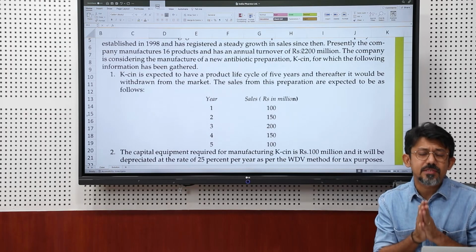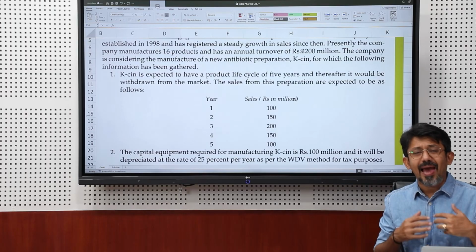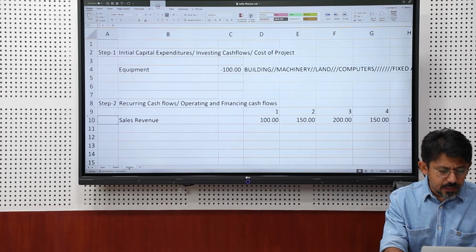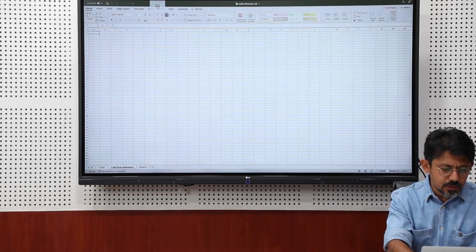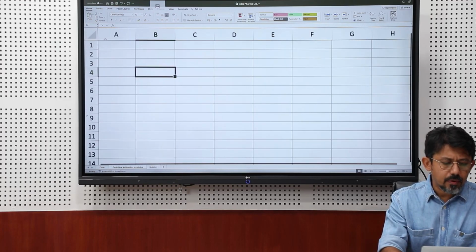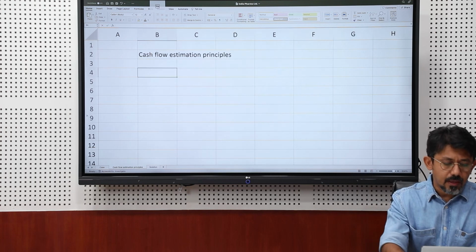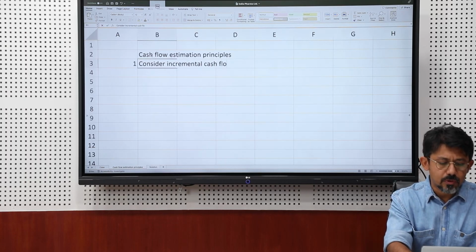So, let us understand a simple principle when it comes to calculation of cash flows. Let me open another sheet over here, title this as cash flow estimation principles. And the first principle is consider incremental cash flows, right.